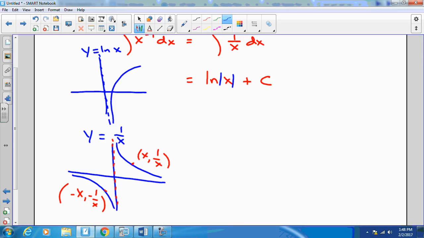And the absolute value is necessary so that we have a proper derivative for both positive and negative x's. Let me prove to you that this really does work. x cannot be 0. That's right. There is no function value when x is equal to 0, either for 1 over x or natural log x.